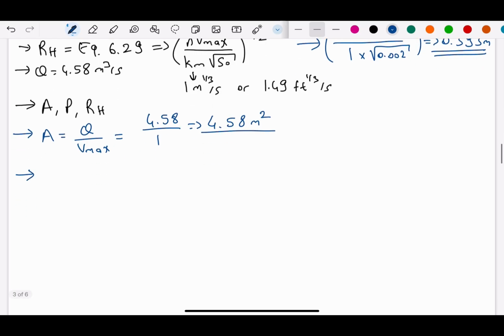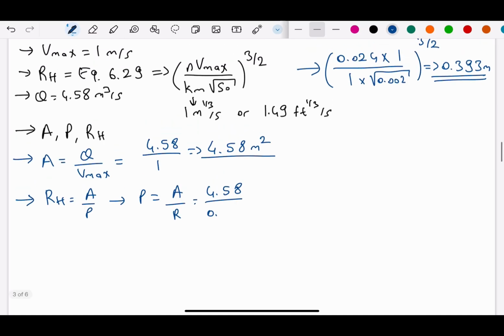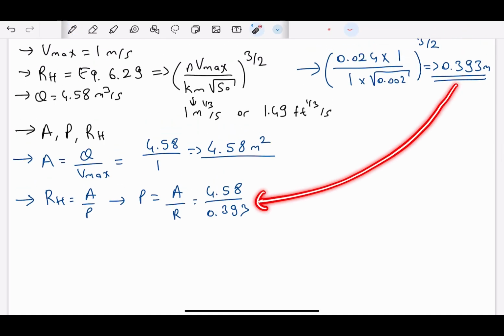And another value will be perimeter, because if you remember, hydraulic radius is equal to A over P. So since we need to find perimeter, we can get P as A over R. So this means that we have 4.58 over 0.393, which is coming from here.